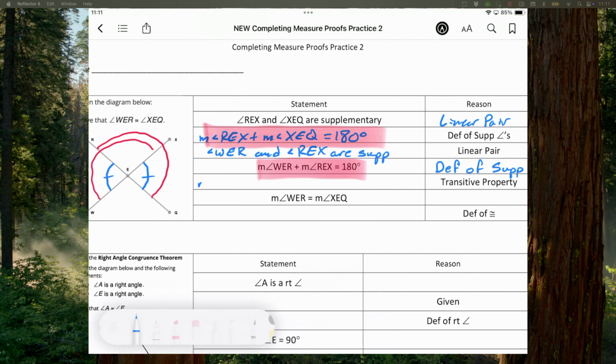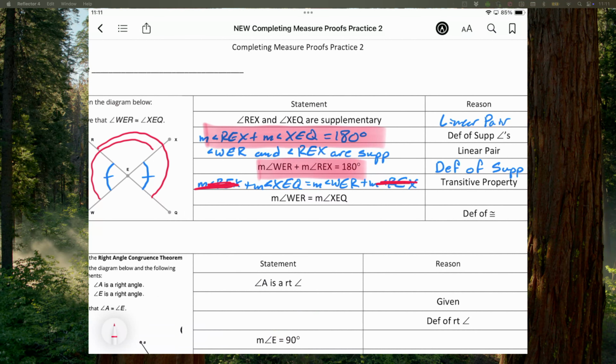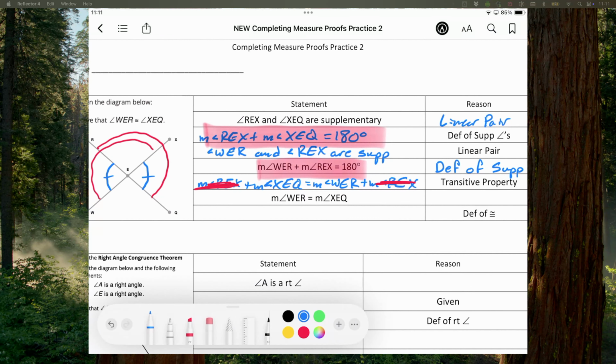So we just copy measure of angle REX plus measure of angle XEQ from the top one is equal to measure of angle WER plus measure of angle REX from the second one. Now we say they both have an REX, so we're going to drop that out. We're going to subtract to make that happen.